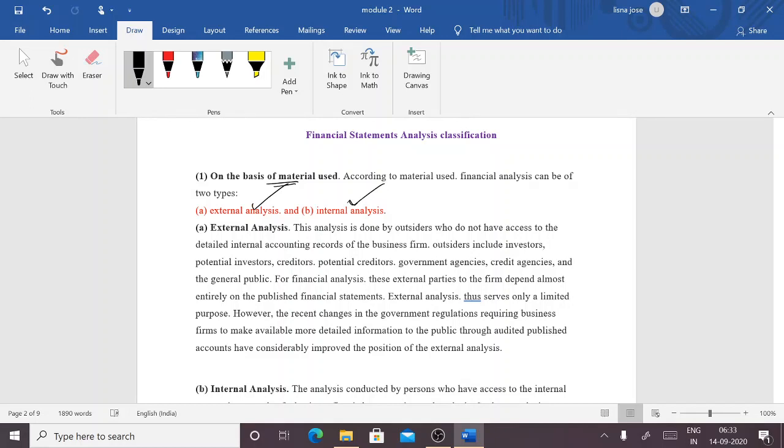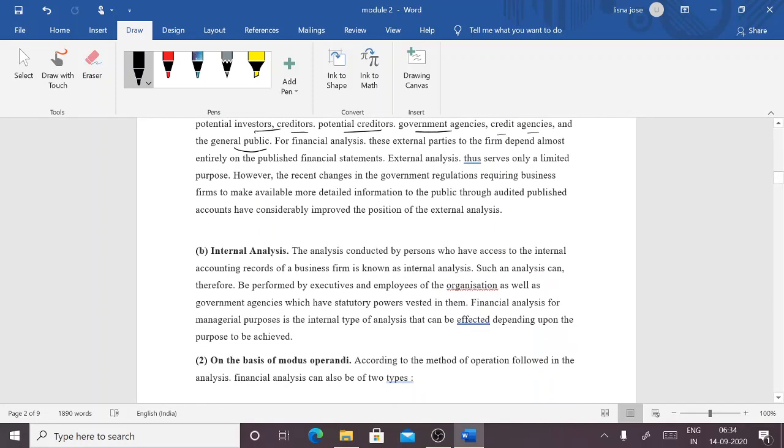External analysis is done by outsiders who do not have access to the detailed internal accounting records of the firm, and it is mainly done by potential creditors, investors, government agencies, credit agencies, the public, etc. Internal analysis is conducted by persons who have access to the internal accounting records of the business of the firm.